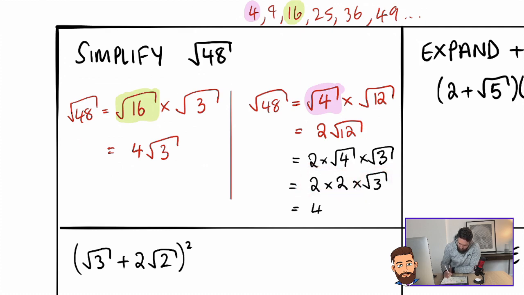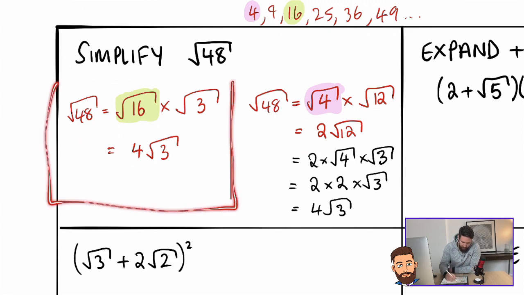So that would be 4 root 3. So as you can see, we get the same answer, whichever method you went. However, it is very advantageous to use the biggest square number you can find, because as you can see, that was done in one step. This required 2 steps.